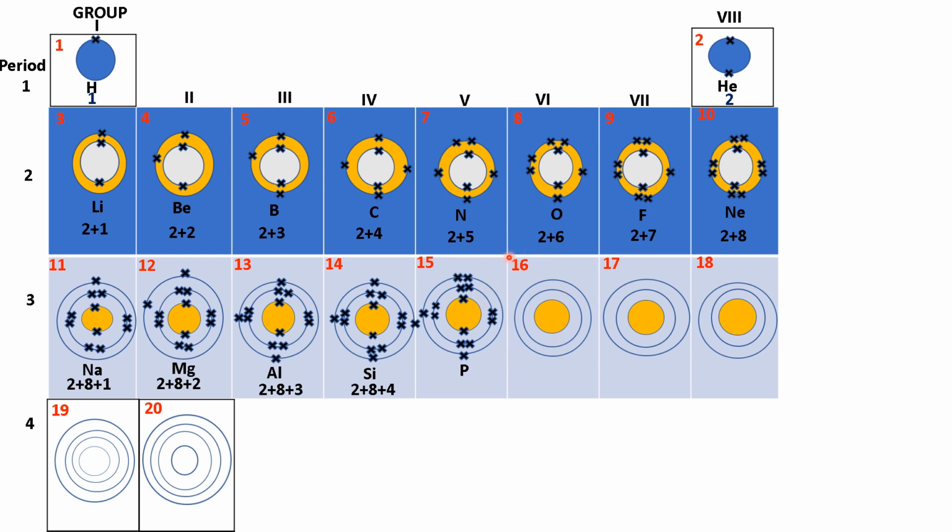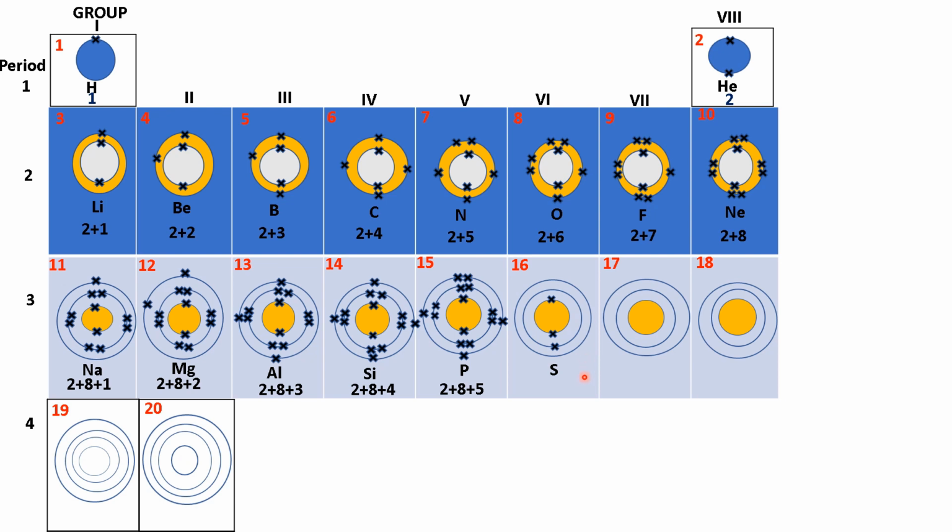Next, 16 atomic number, sulfur atom. We make distribution of 16 electrons. The first shell is filled with 2 electrons, the second shell with 8 electrons, and the remaining 6 electrons are in the third shell.